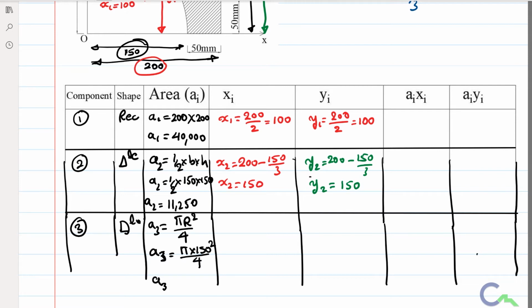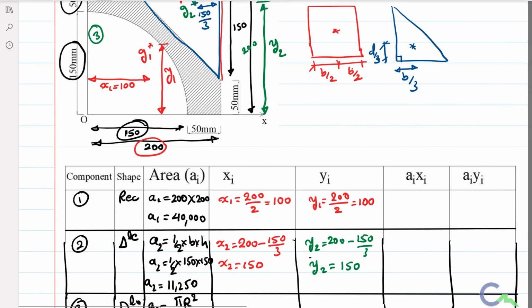Therefore A3 is equal to 17,671.45 millimeter square.